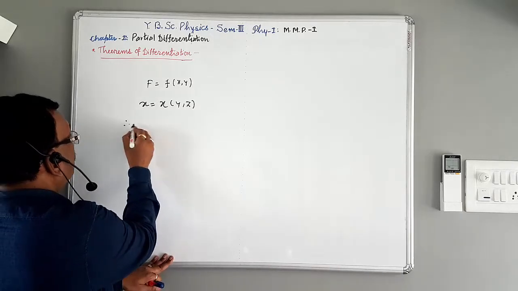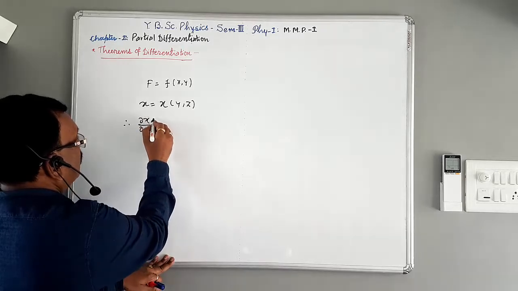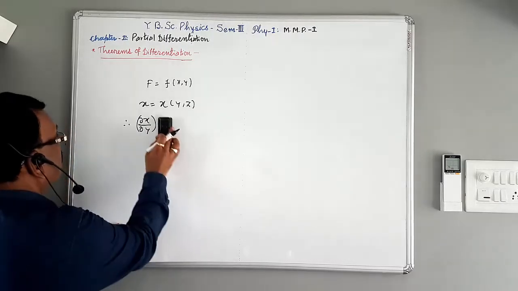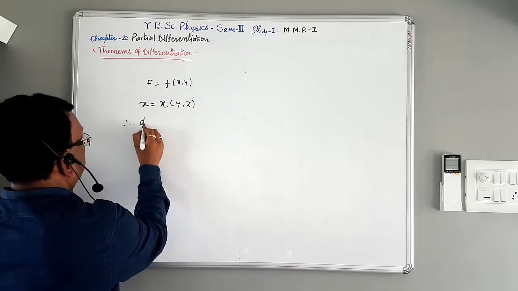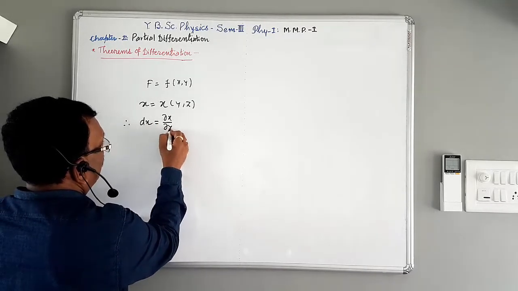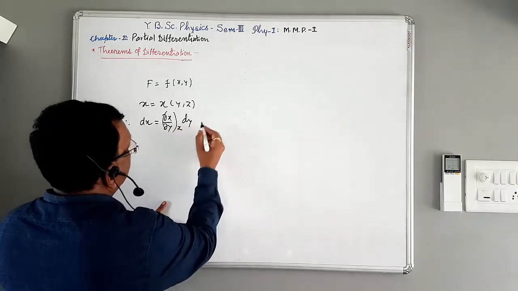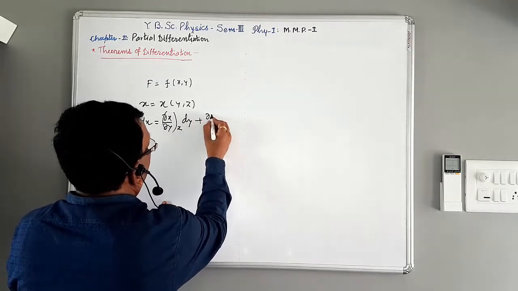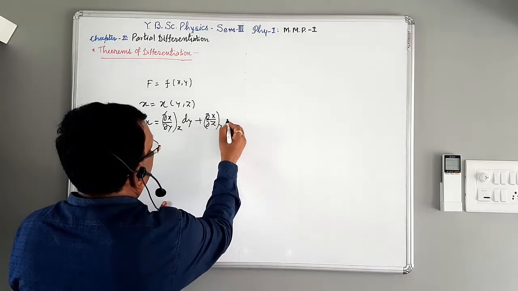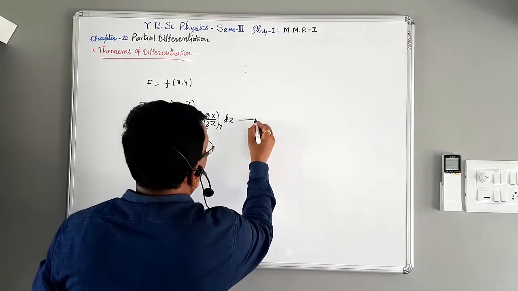Therefore, dx is equal to delta x by delta y at constant z into dy plus delta x by delta z at constant y dz. Suppose this is equation 1.